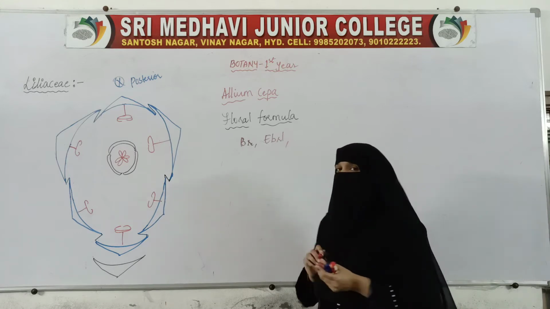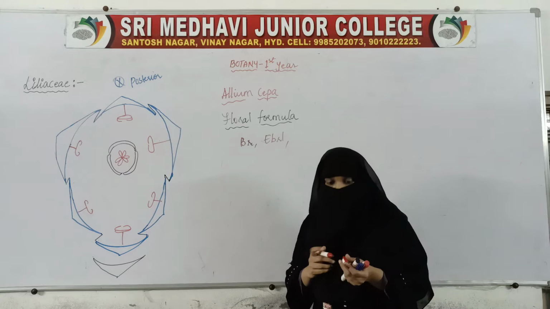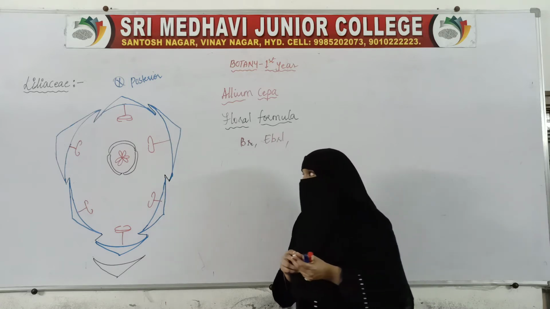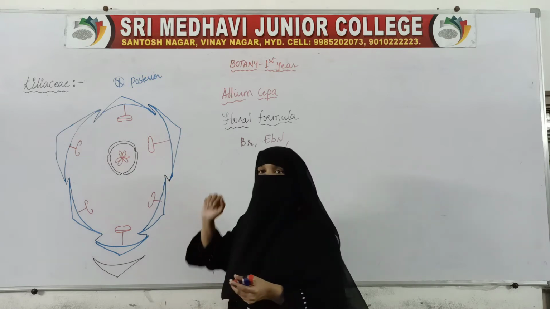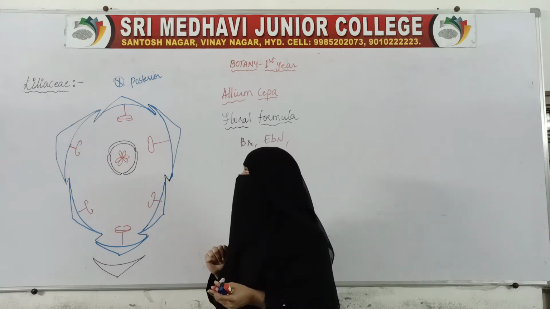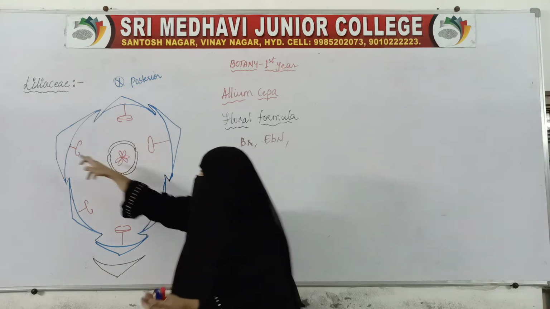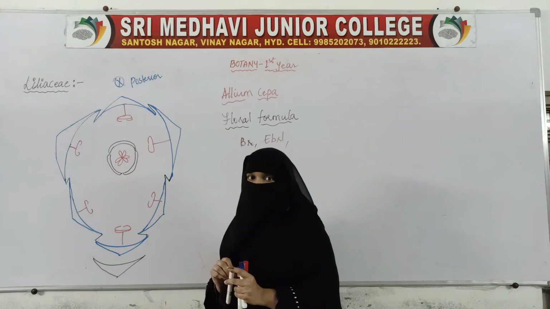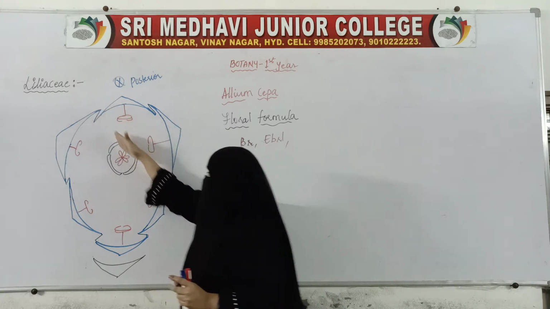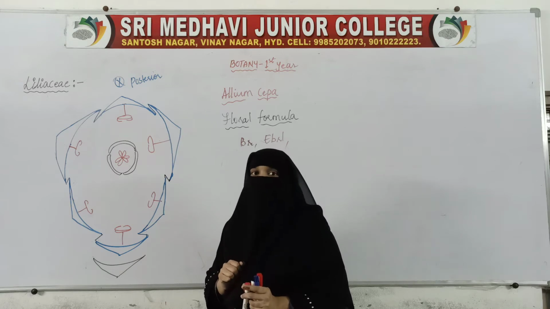Now coming to the symmetry of the flower. The symmetry is actinomorphic. If you cut this flower in any division, you will get two equal parts. If you cut like this also, you will get two equal parts.